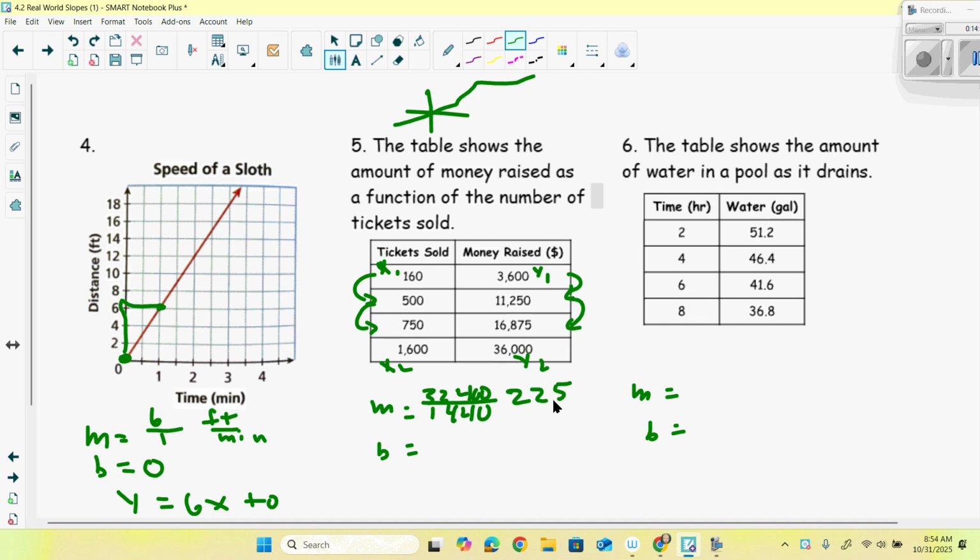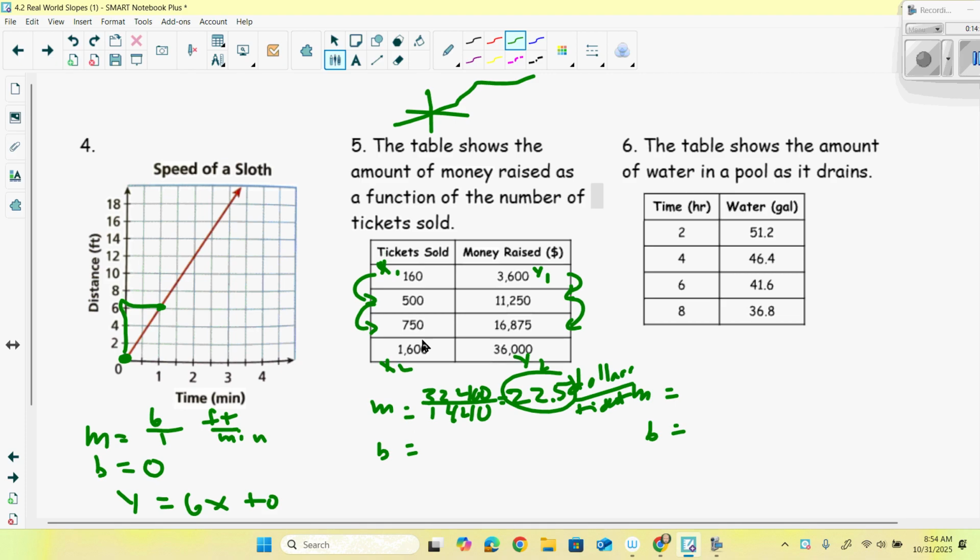So what does this mean in the context of the problem, 22.5? It is the y units divided by the x units. So this means you're paying $22.50. So this is dollars per ticket. That's pretty meaningful. I paid $22.50 per ticket.